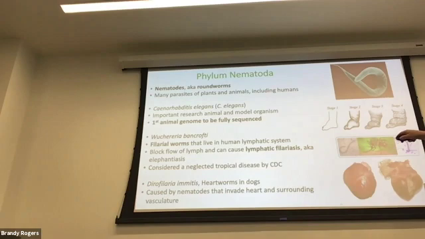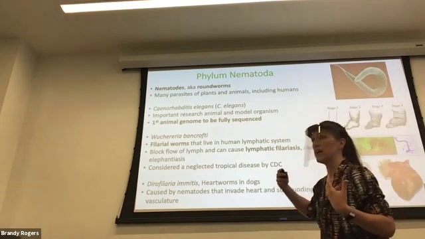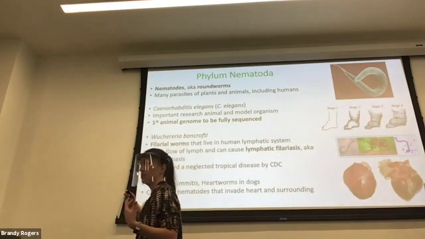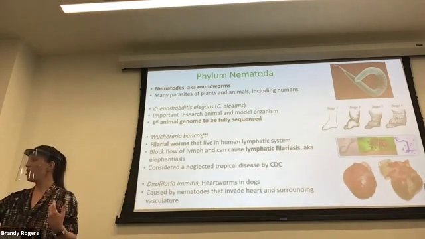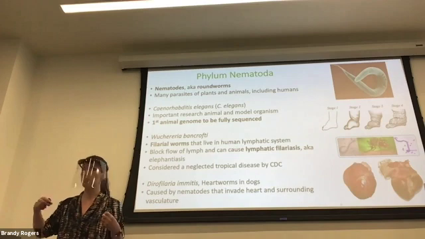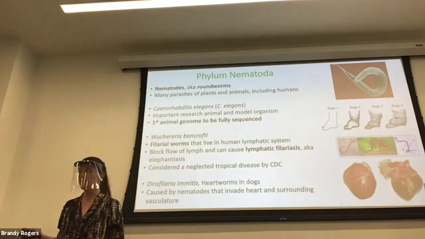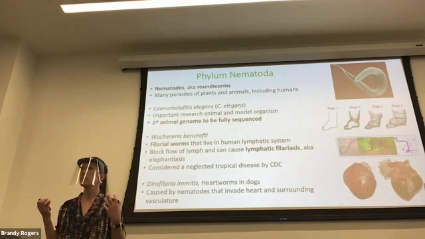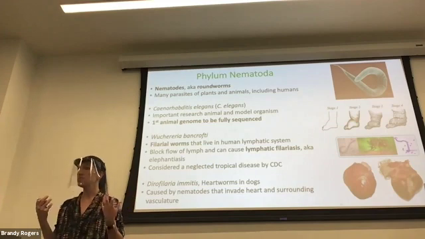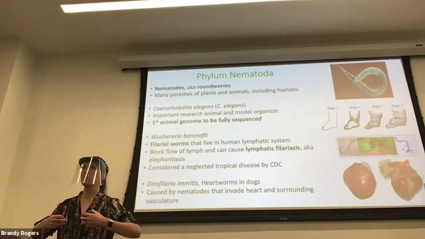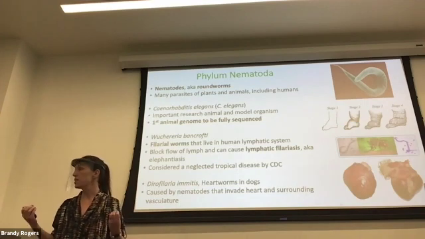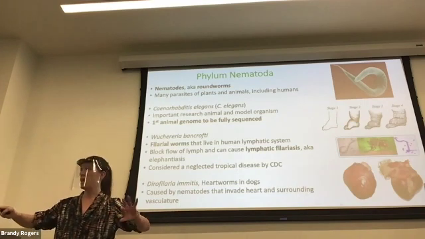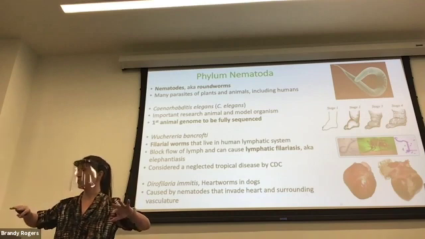But what happens is these worms get into your lymphatic system. Do you guys know what your lymphatic system does? It's involved in your immune response for sure, because a lot of your white blood cells that actually fight infection take up residence in your lymphatic tissue, but it's also important in drainage. So your tissues are constantly being bathed and pushed with fluid from your bloodstream, carrying nutrients and dissolved gases to the tissue, right?